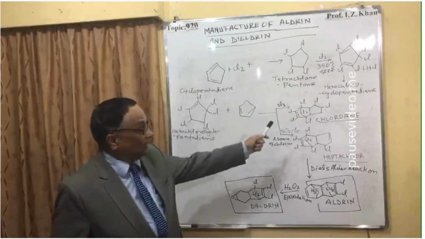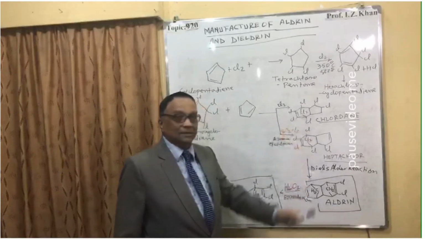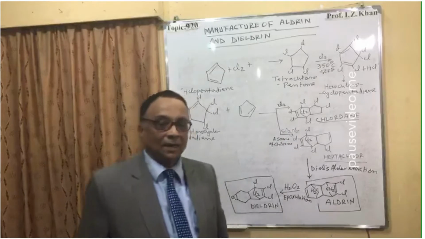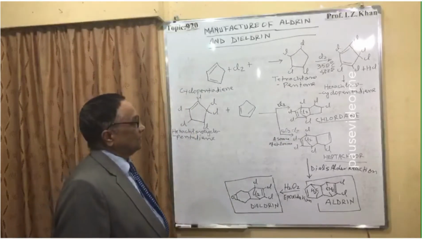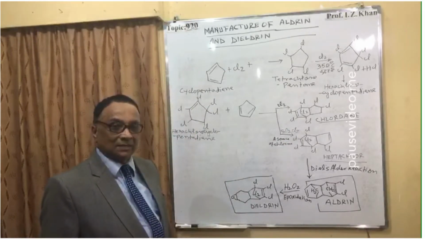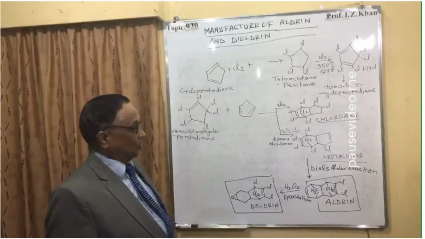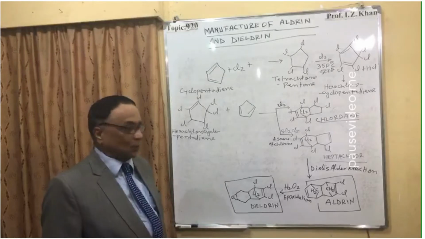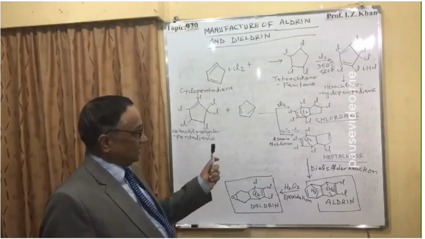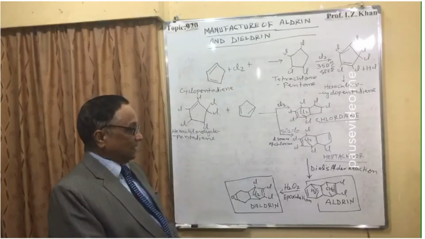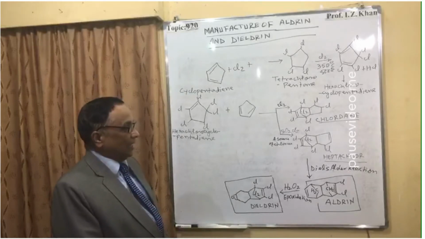So these two are very important condensations of two rings. One is cyclopentane, the other is a cyclohexane ring, and one is called chlordane, the other is called heptachlor, and this is subjected to Diels Alder reaction.